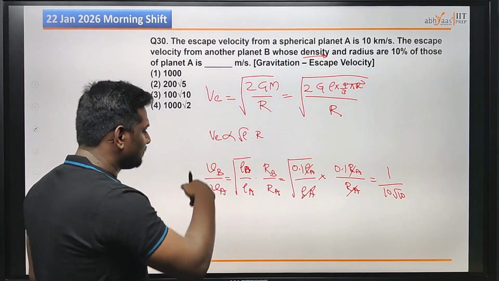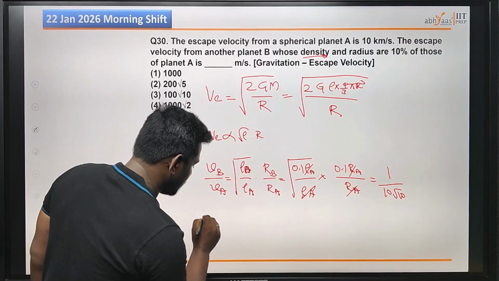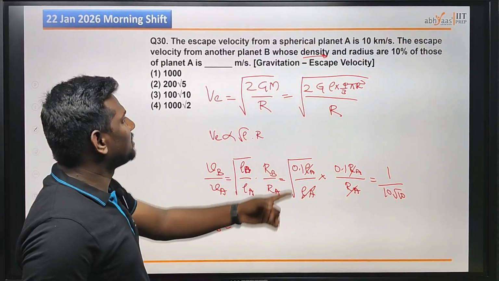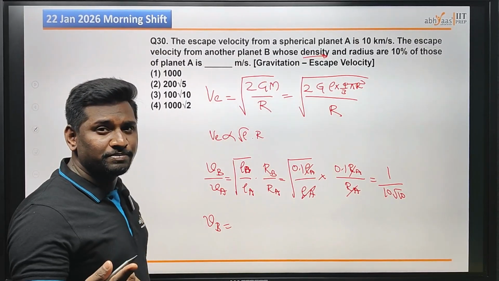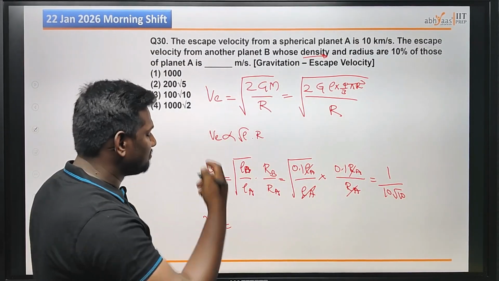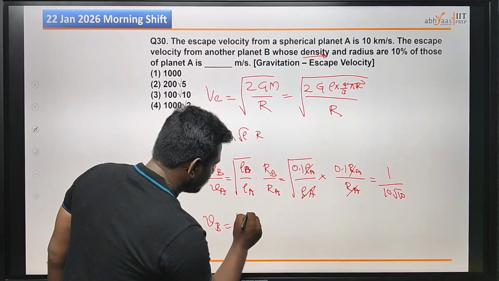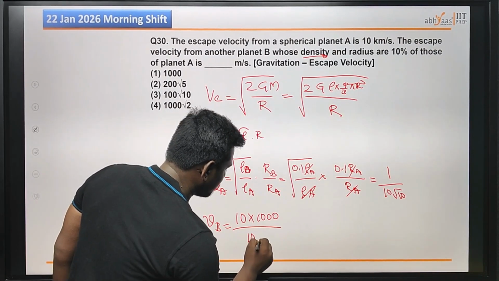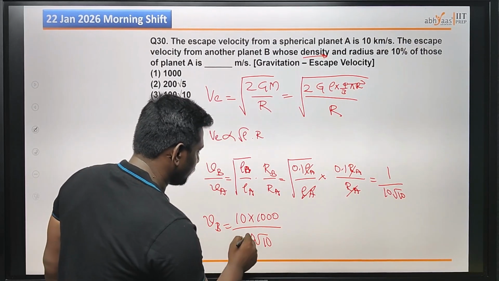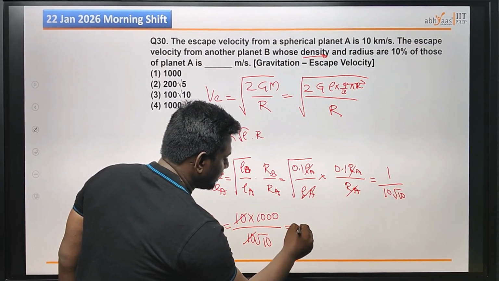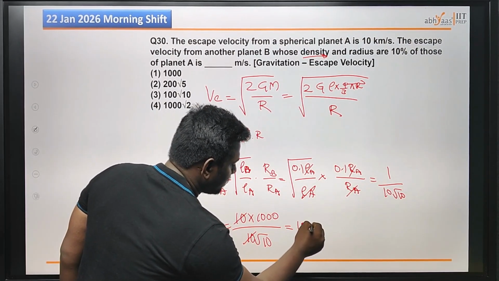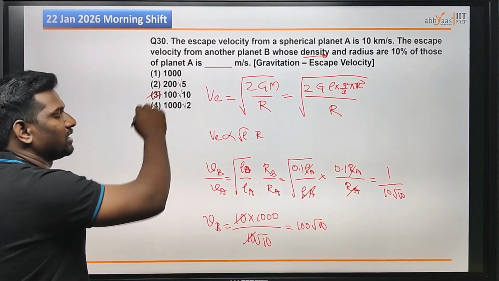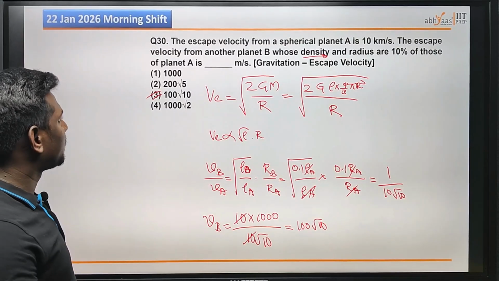They are asking the escape velocity of the planet B. So VB can be written as that factor into the velocity of the planet A, so 10 kilometer per second. I am converting into meters, into 1000 by 10 root 10. If we cancel out, you will get 100 into root 10. So option 3 is the right answer.